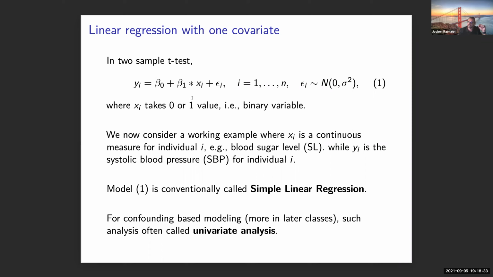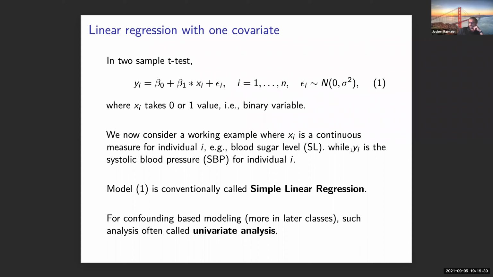When you now take a continuous measure for an individual i, such as blood sugar level, coded here by Professor Sang as SL, you will try to predict Yi for that individual at a known blood sugar level. So you're essentially predicting systolic blood pressure at a known blood sugar level. This model 1 is conventionally called a simple linear regression.